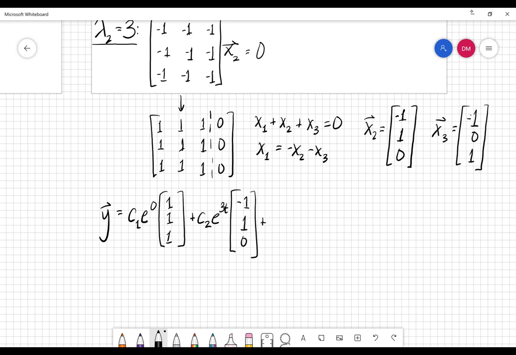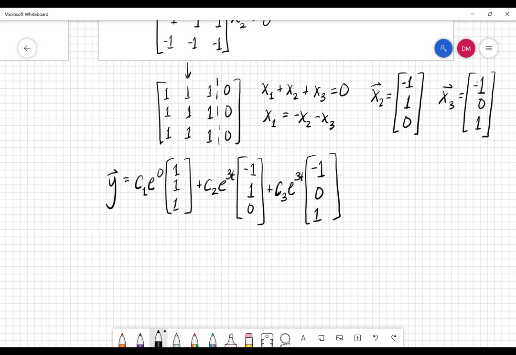And now we don't have to worry about a repeated root and treating it the same way that we did in the past because my eigenvector is different. So I do need to change this to c sub 3. So let's do that. C sub 3, keep it e to the 3t times the other eigenvector that we found here.